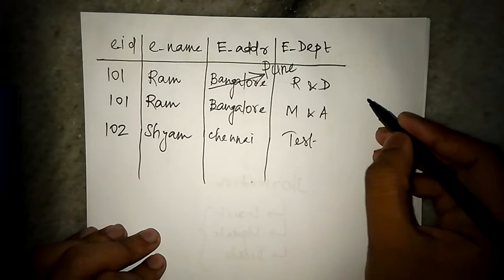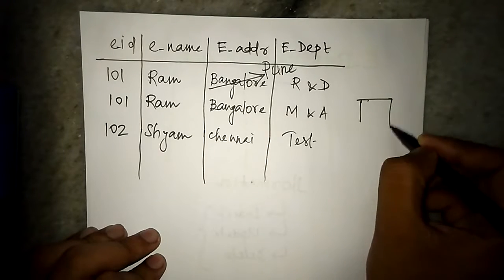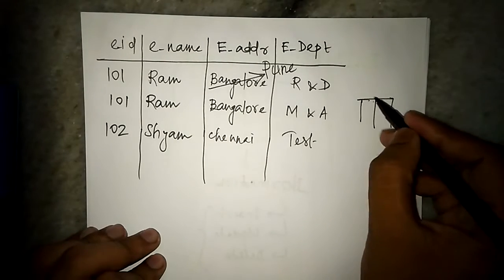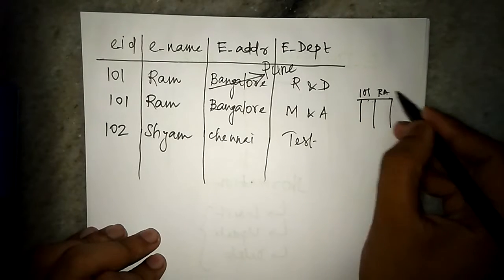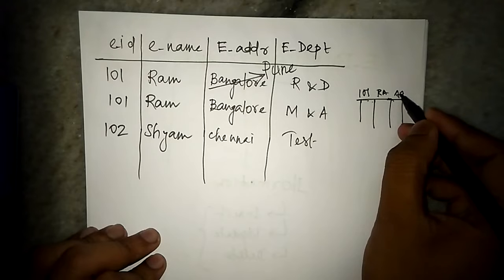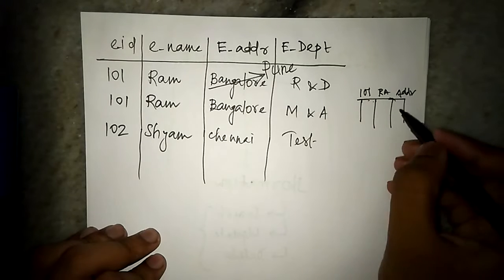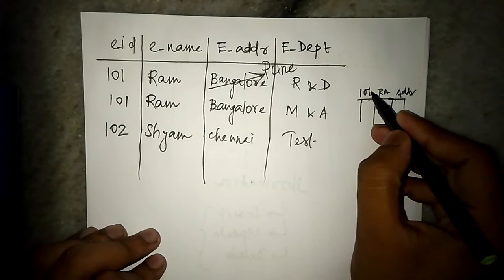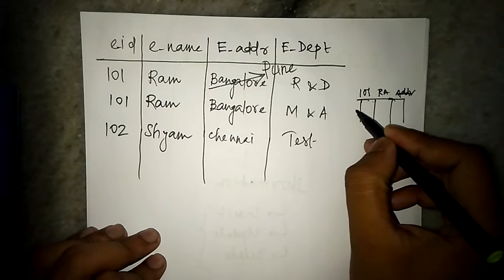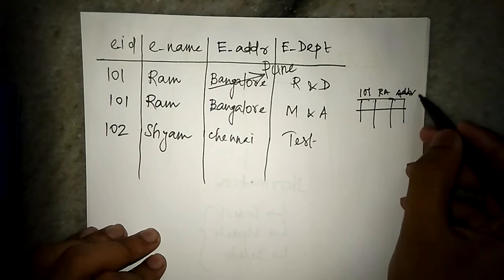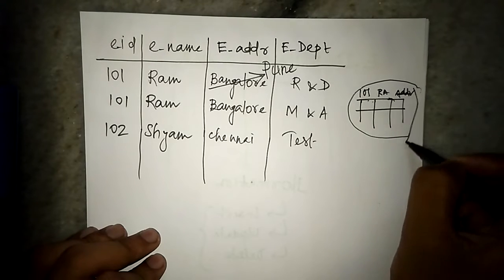So if we consider there is a small table which has attributes like employee ID, employee name, and address, then when we update this employee address, the address will be reflected in this small table.